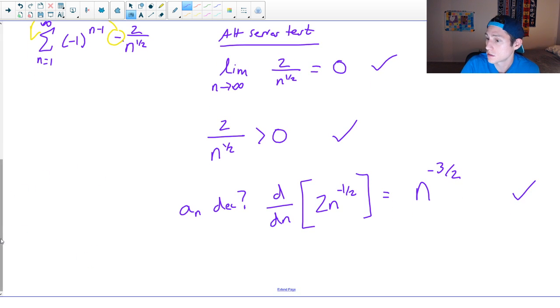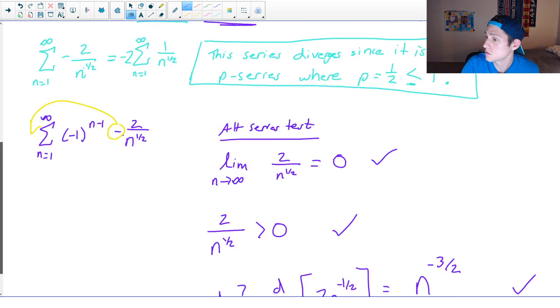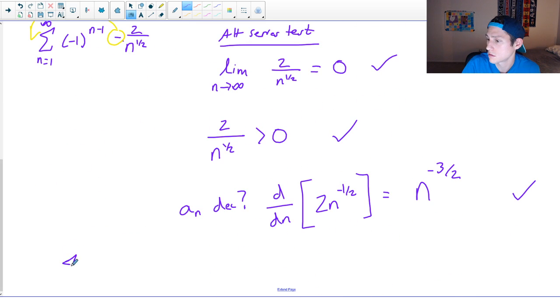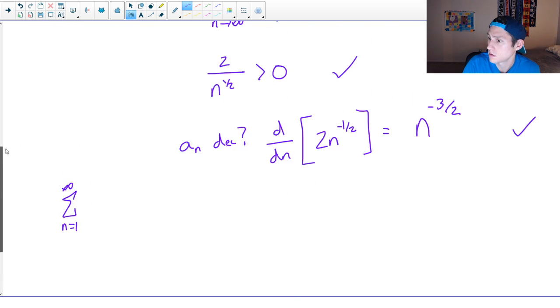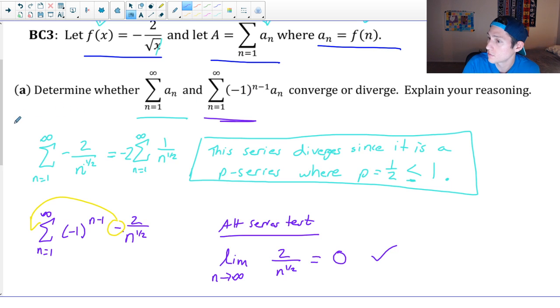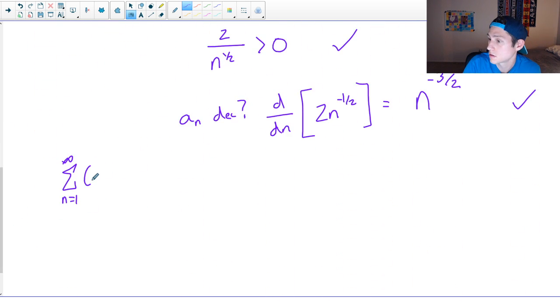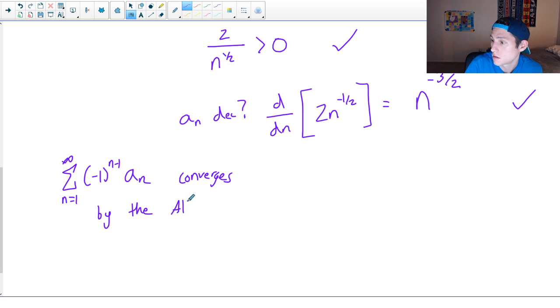All right. So this series. What was the original one that it asked? -1 to the n minus 1. Okay, converges by the alternating series test.